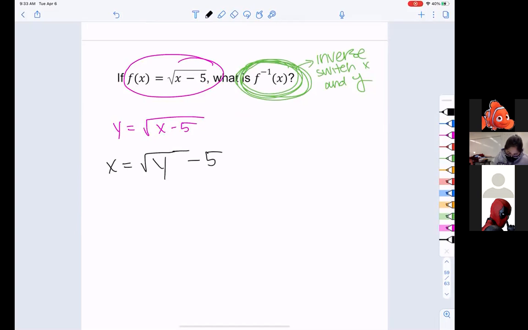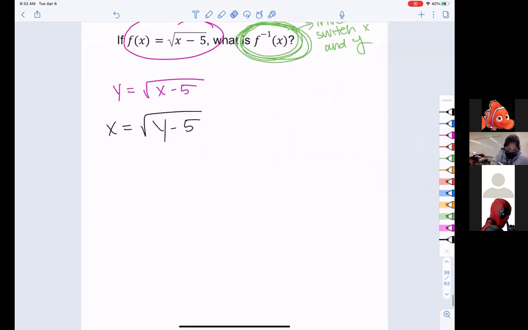I want you to make sure you're carrying that all the way through. If it is inside the square root already, you want it to stay inside. That was a trick question. So if the y minus 5 is inside the square root symbol, you want to keep it all inside so it doesn't mess you up later, because once we start doing more equations like that, it's going to get difficult. But anyways, we're going to draw our line.